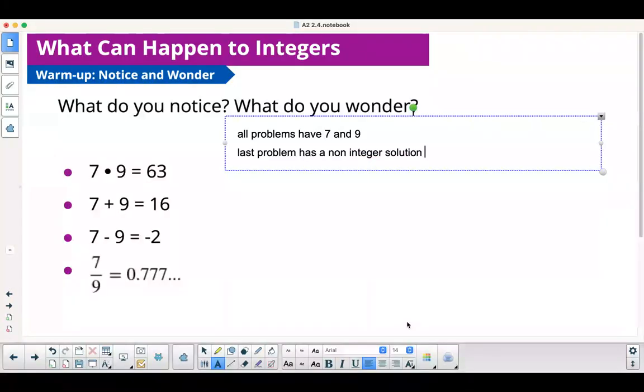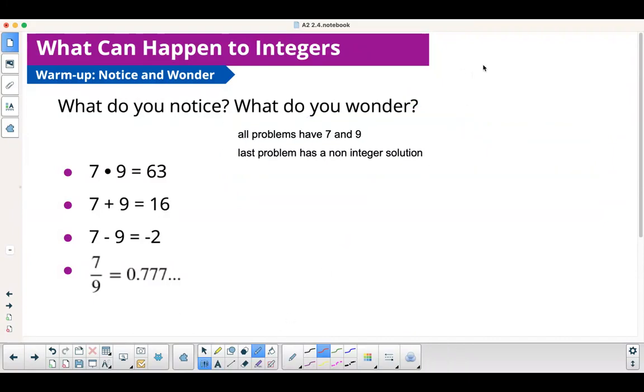Remember, if you need a refresher on what an integer is, integers are 0, 1, 2, 3, and then it goes on forever. And also the other direction, -1, -2, -3, and so on forever.